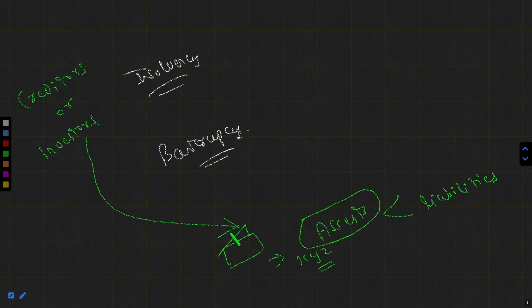Thereafter, we also discussed that there are two things, IBC and IBBI. What's the difference between IBC and IBBI?